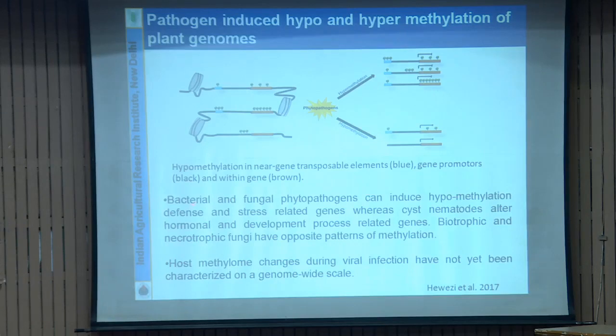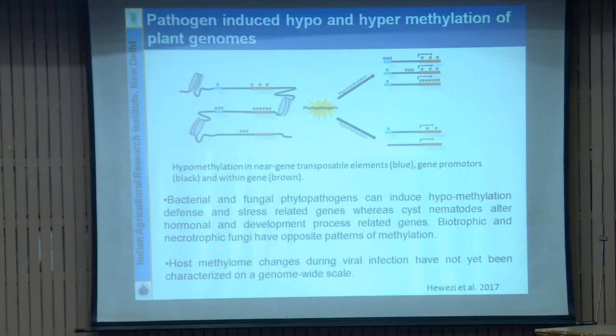In general, the summary which I have found from the literature is that bacterial and fungal phytopathogens induce hypomethylation of defense and stress related genes, meaning they activate the defense and stress related genes more, whereas cyst nematodes mostly affect hormonal and developmental process related genes. That means they do less methylation of these kinds of genes.